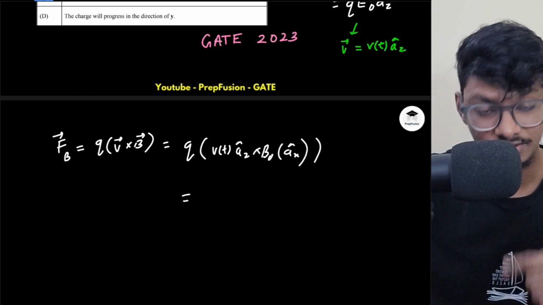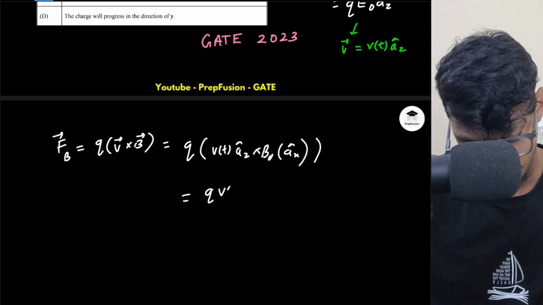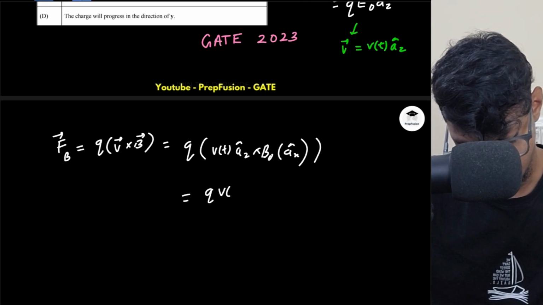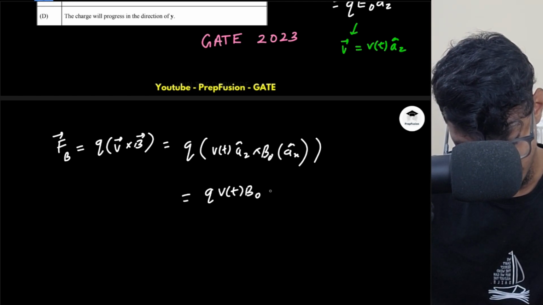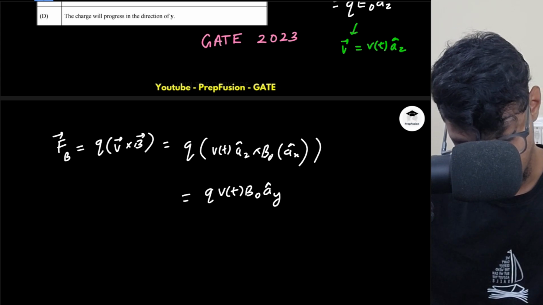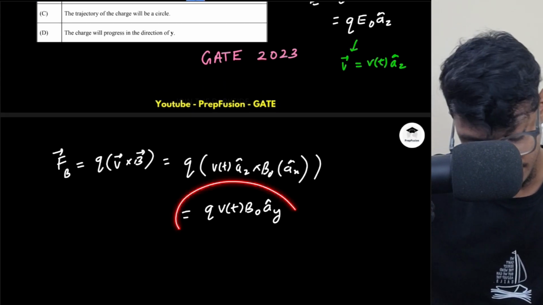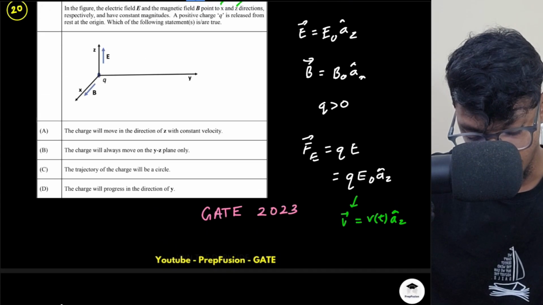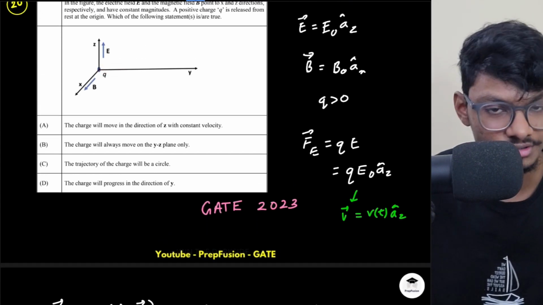So this Ẑ cross X̂ becomes what? Ŷ. So this will be q V(t) B₀ Ŷ. Okay, so here it is telling me that the magnetic field is providing it some force in the Ŷ direction. So there is no force in the X̂ direction.